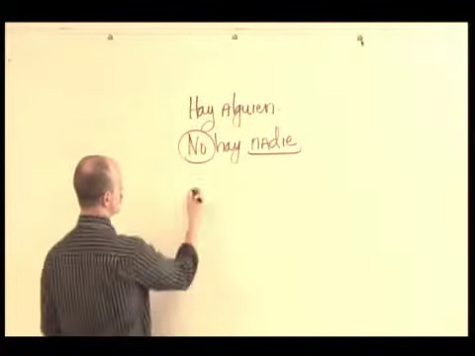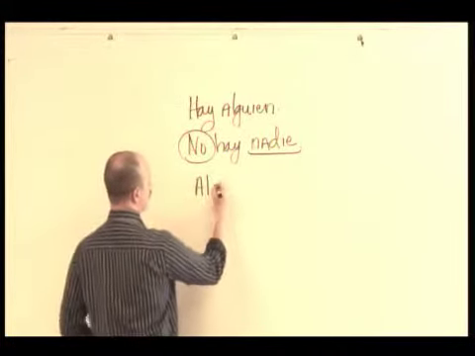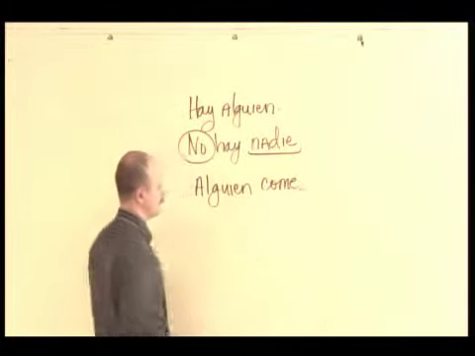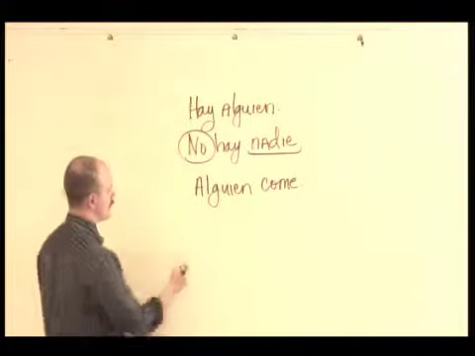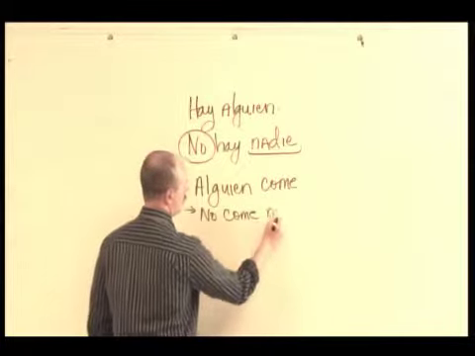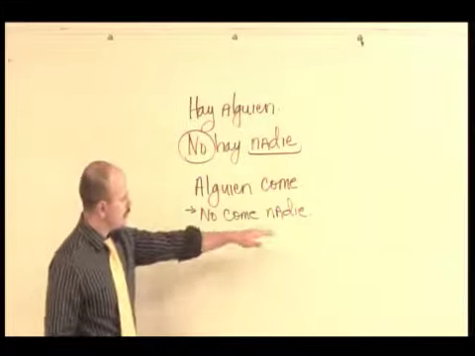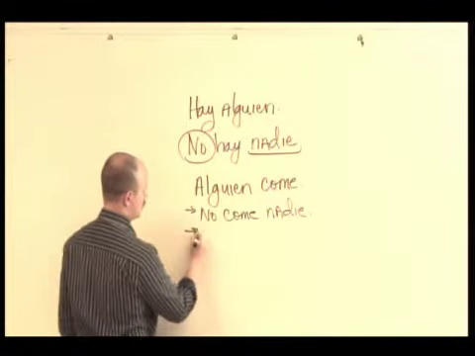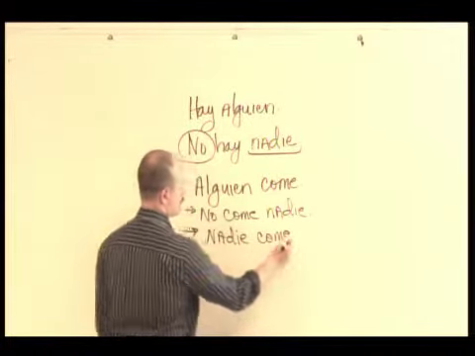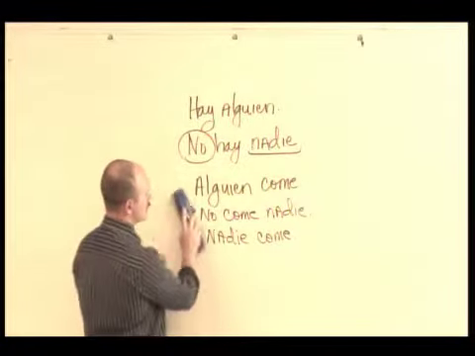But for instance, let's say I wanted to say, alguien come, someone eats, as we looked at before. So I could either make that negative by saying no come nadie, or I can put the negative word at the beginning of the sentence and say nadie come, which means no one eats. We can do that with a lot of these words.